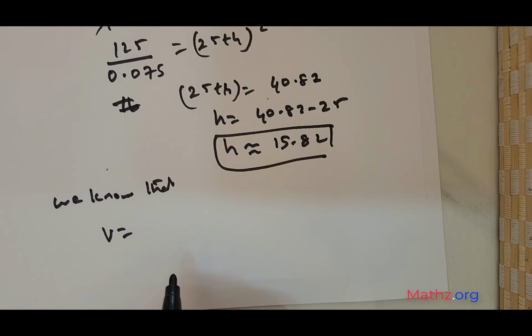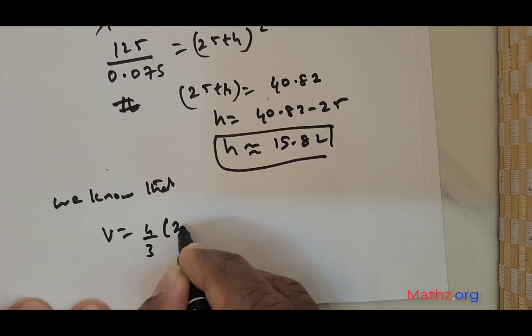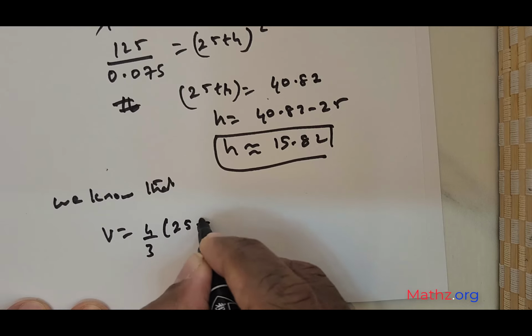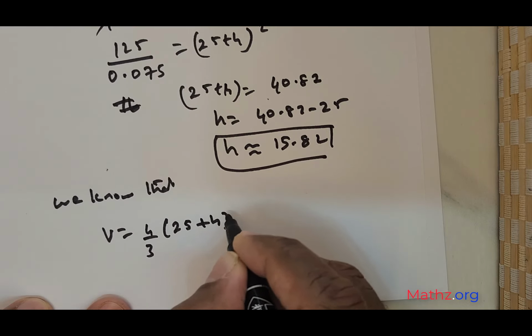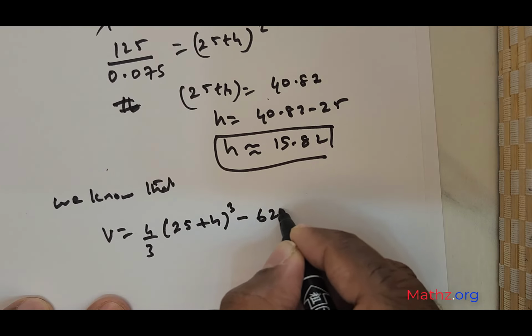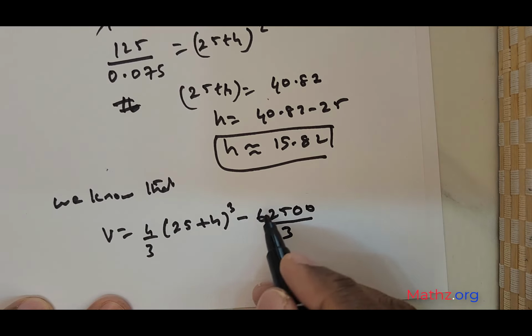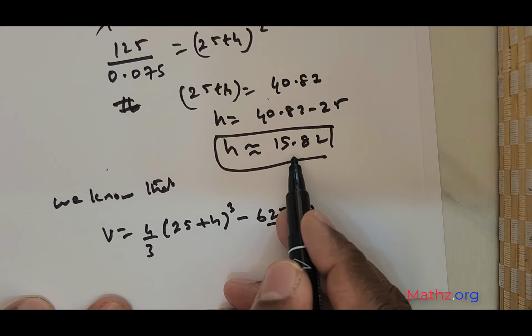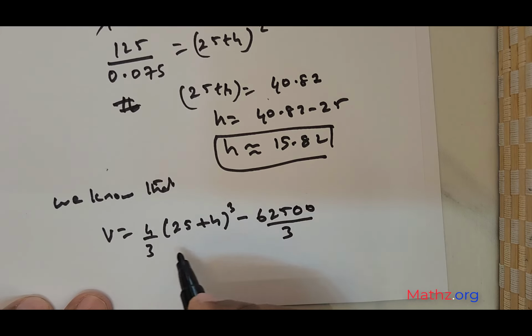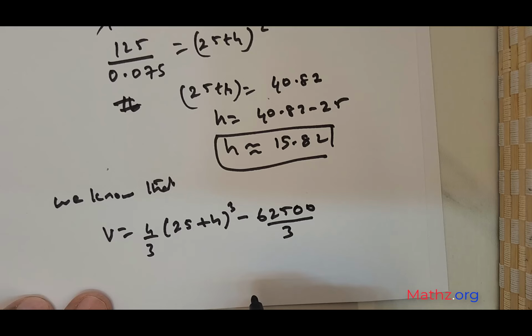Take this and place it. So V is equal to 4 over 3 times (25 + h) raised to the power of 3 minus 62500 divided by 3. You substitute the h value. h is 15.82.